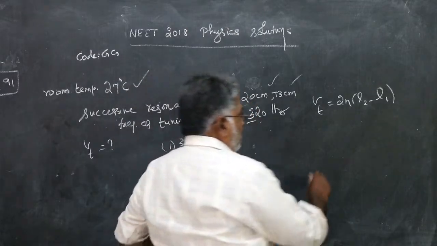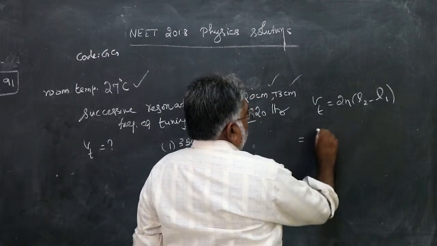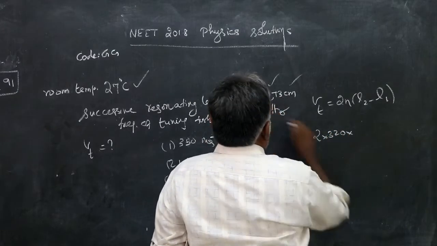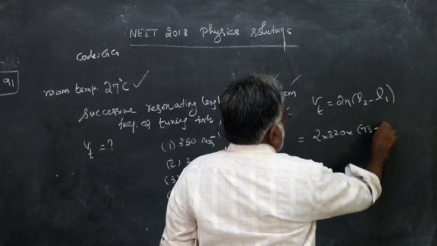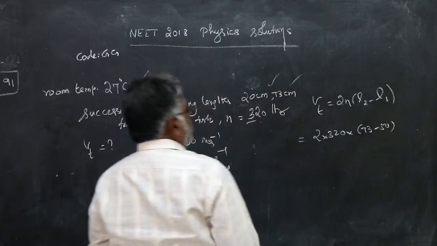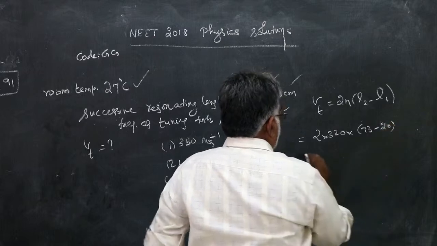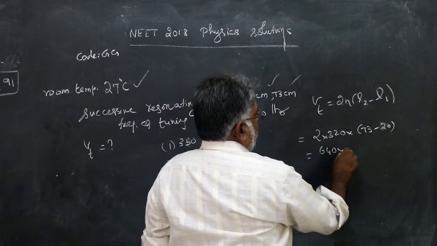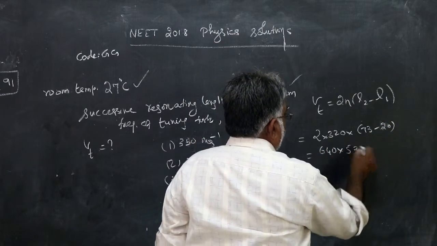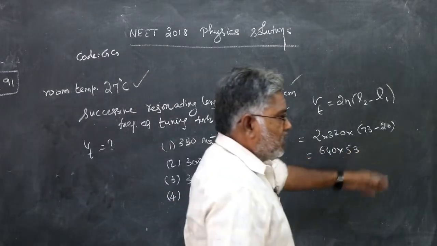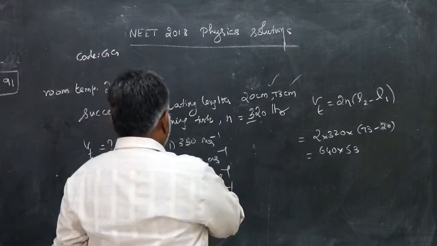Simply we will have to plug in the values: 2 into 320 into (73 minus 20), so 640 into 53. You can easily multiply this and you will get the answer close to 339.